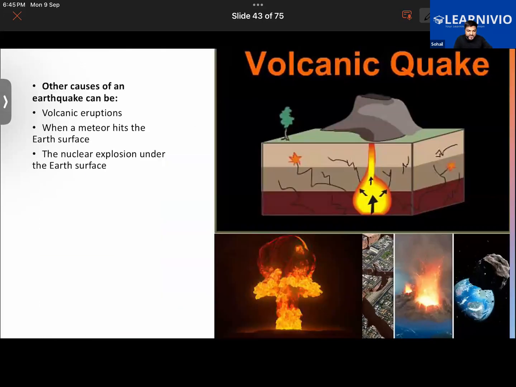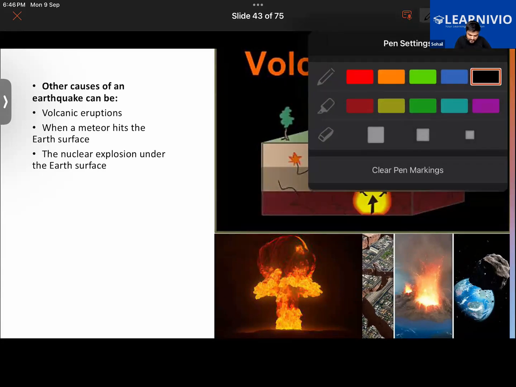Then we learned about some of the other causes of earthquakes, like volcanic eruption, which also leads to earthquake. You would have a slight idea about volcanic eruptions. What basically happens when too much pressure accumulates inside the earth? Like here, this is molten magma, and this is called the magma chamber.